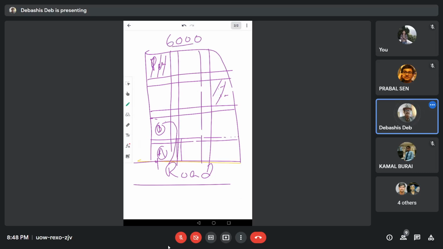This is the reason why I have reduced the area to 14,000 square meter, because 6,000 square meter of area cannot be sold. But he has rightfully taken into consideration the cost involved for construction of the roads, because he should receive the cost.